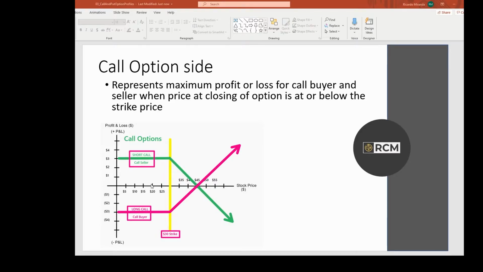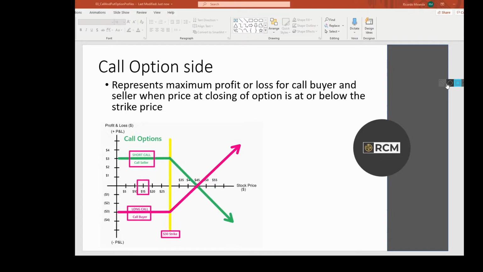Let's say, for example, that the market price at the time the call seller closes his position is $15. So let's say that the market price is here, $15. Tracing a line from the $15 market price to the short call profile, then to the PLL vertical line, shows that the call seller gains his maximum profit of $3.